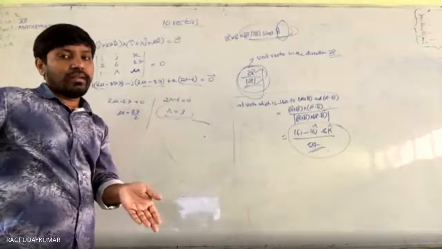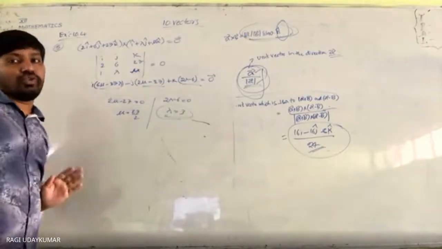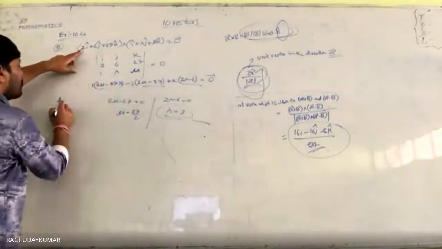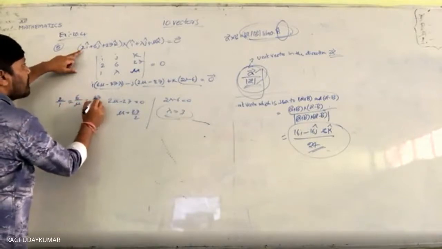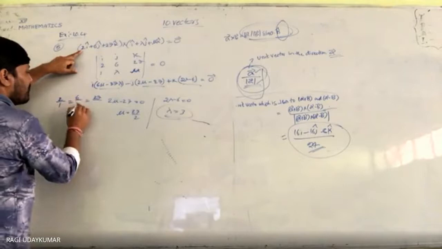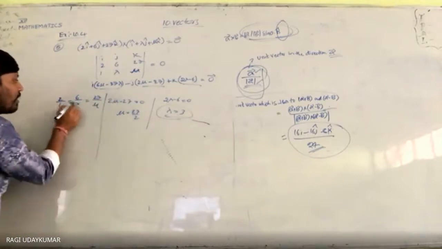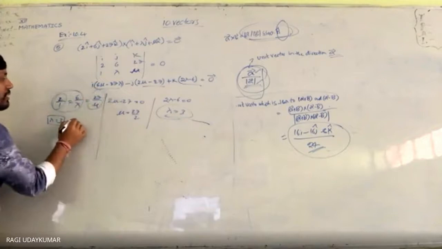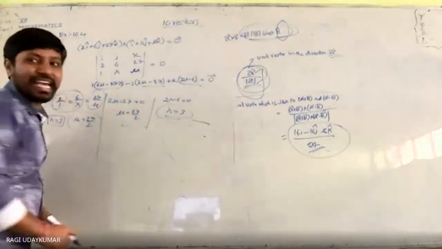Two vectors being parallel means their components are in the same ratio: 2 by 1 is equal to 6 by λ is equal to 27 by μ. Another easy way. Taking these two, λ is equal to 3. Taking these two, μ is equal to 27 by 2. Both give the same answer.